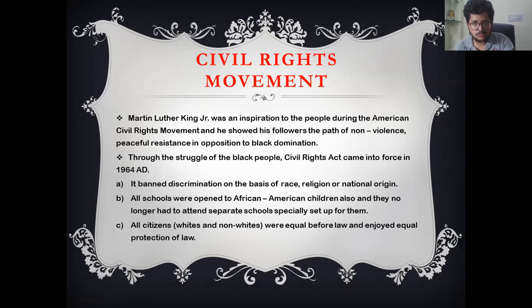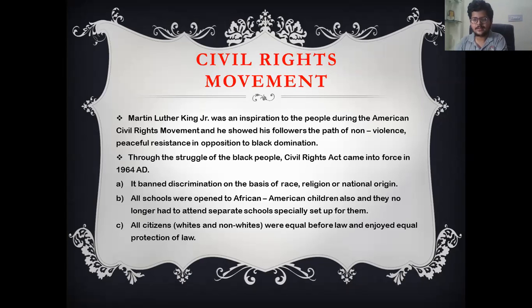Number two, all schools were open to African American children also, and they no longer had to attend separate schools specially set up for them. Earlier, as we have discussed in this video, the African Americans had to go to separate schools. They were not allowed to go to the same school in which the whites were studying.